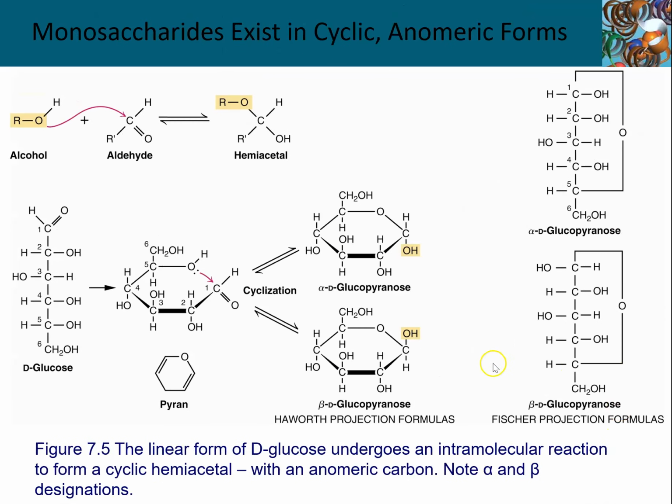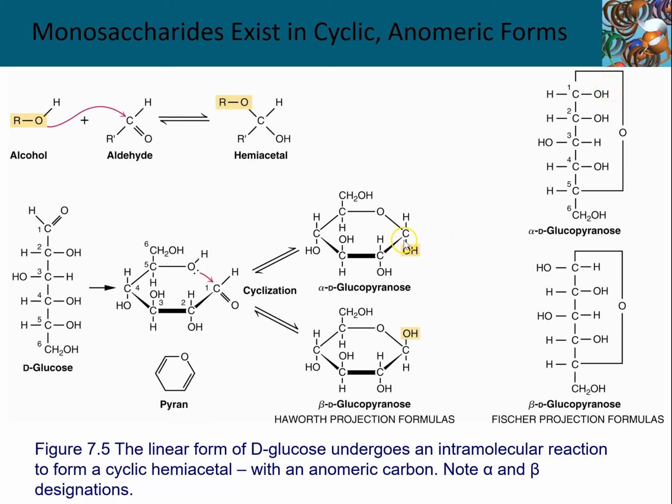So let's do alpha D-glucose. So in the case of alpha D-glucose, or alpha D-glucopyranose, if I was to look at the Fischer projection here, the hydroxyl group on the 1-carbon is over on the right side.